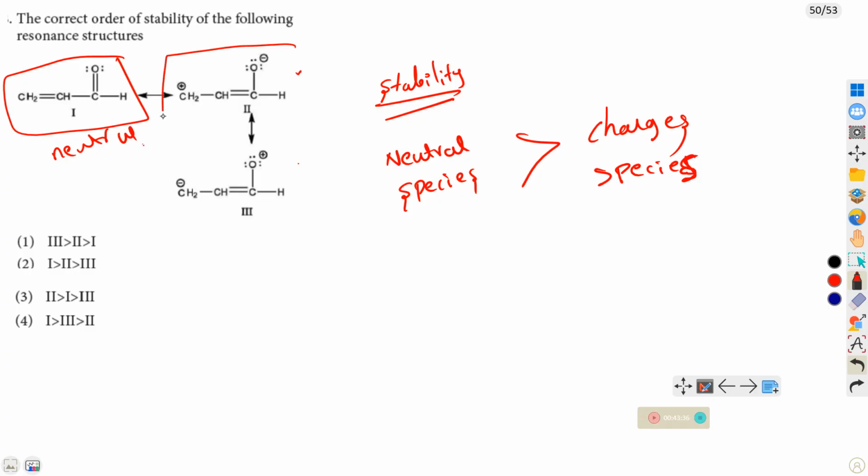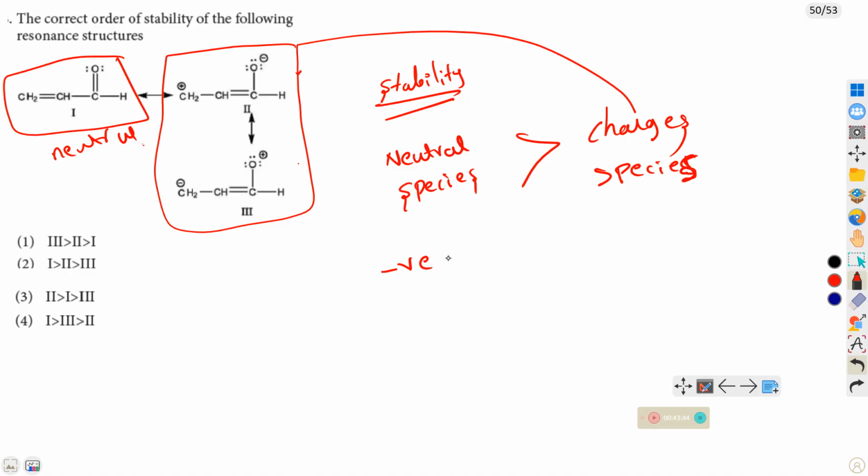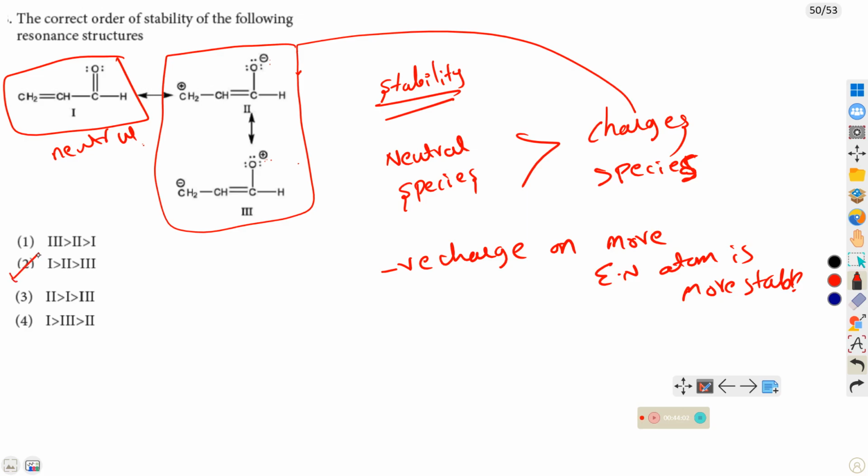After that, these two are charged species. In this, according to resonance rule, negative charge on a more electronegative atom is more stable. So here negative charge is present, here positive charge is present. That's the reason one is more stable, after that two, after that finally three.